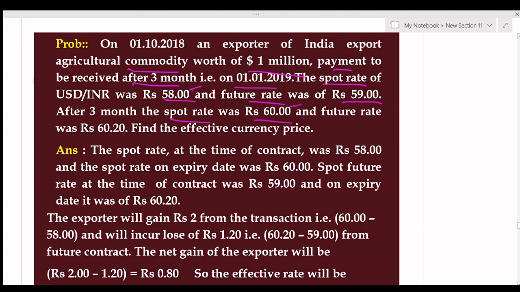The future rate was rupees 60.20 per dollar. Here the exporter suffers a loss because the spot future rate was rupees 59 and the future rate on expiry date is rupees 60.20. So the exporter will suffer rupees 1.20.